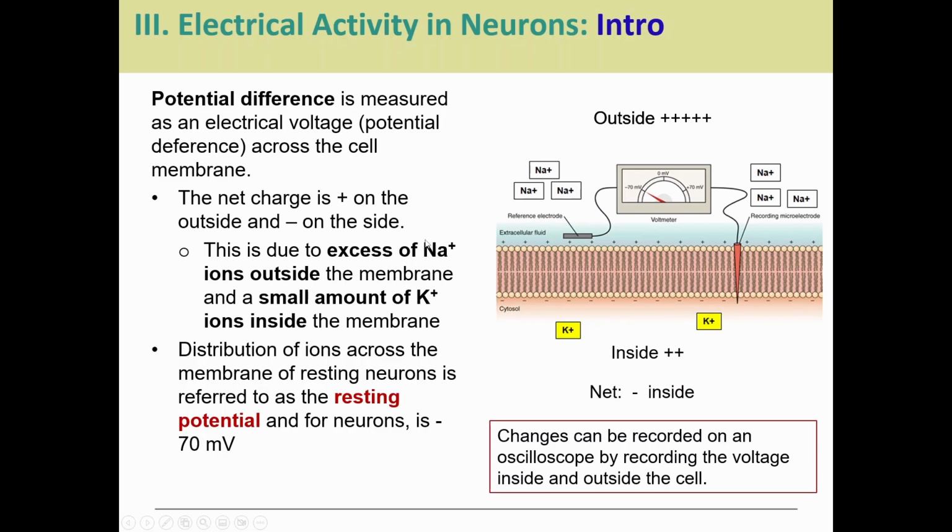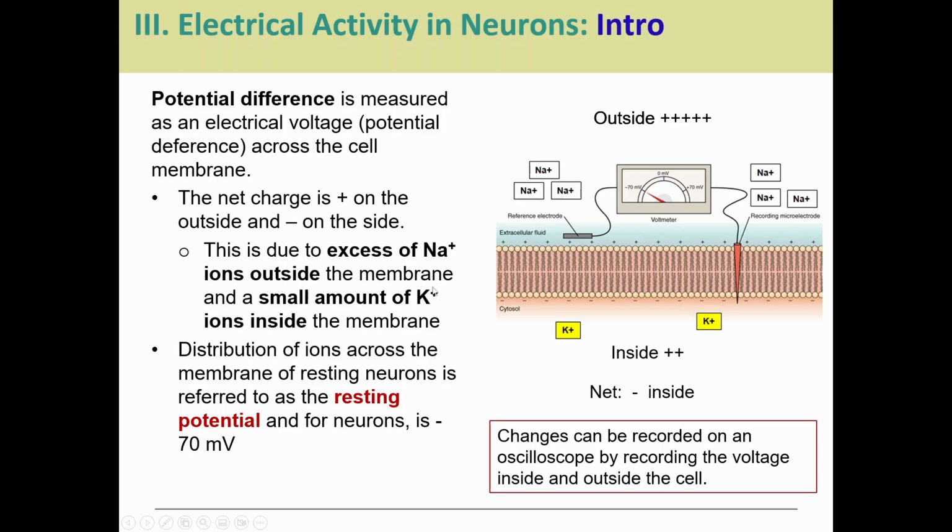And this difference in charge is coming from the difference of ions. There's a difference in positively charged ions that we find inside and outside of the cell. There are a lot of sodium ions outside of the cell, which means more positively charged particles, so the charge leans on the more positive side. On the inside of the cell, we have a small amount of potassium ions.